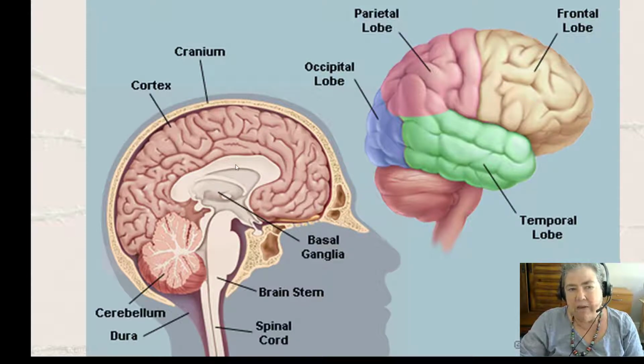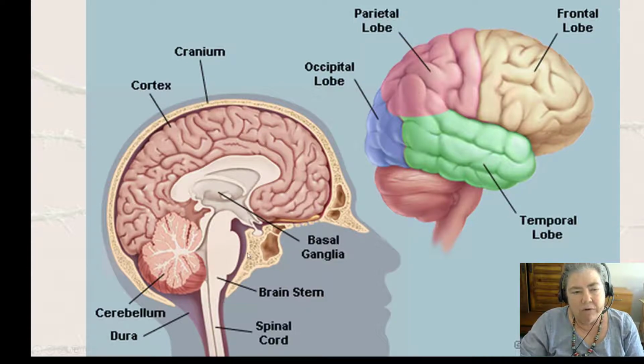So communication between hemispheres occurs at this corpus callosum. And then there are white matter tracts that are leaving the cerebral hemispheres and the cerebellum and entering the cerebral hemispheres and cerebellum, and traveling either up or down, afferent or efferent in the spinal cord.